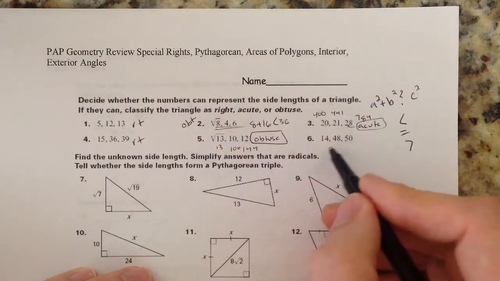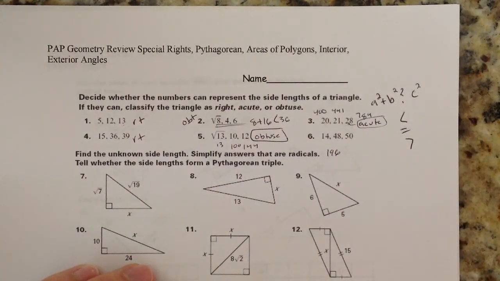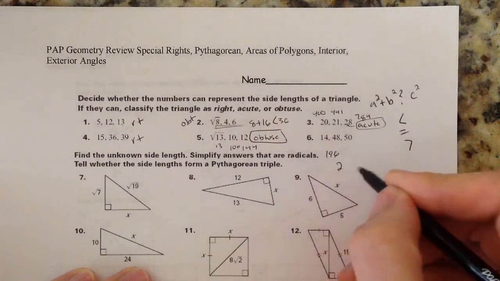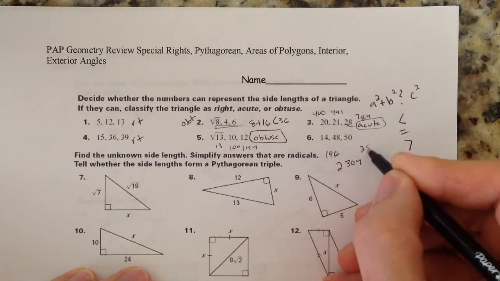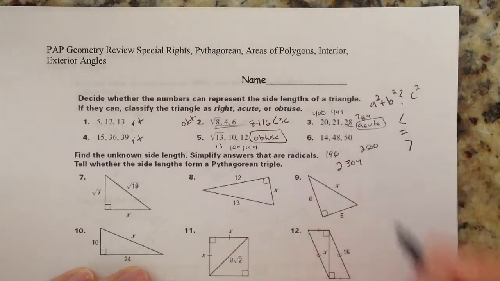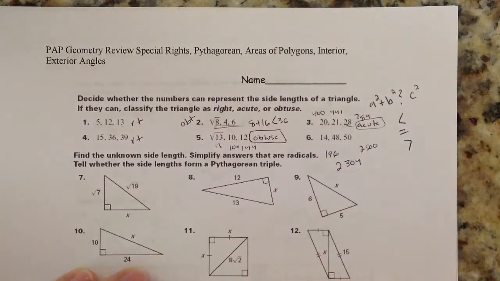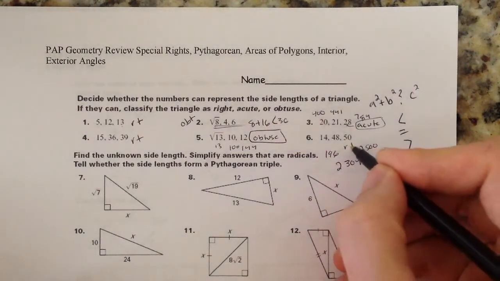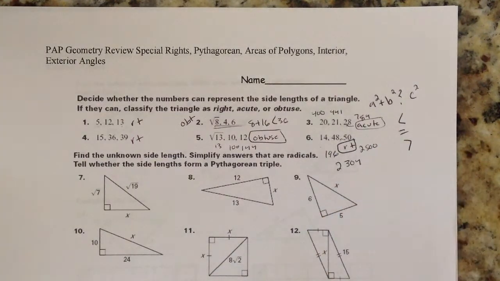And then here, I've got 196, 48 squared is going to be 2,304, and then that's going to be 2,500. Is this going to be right? Yeah, this is a 7, 24, 25. Wow. Anyway, that's going to be another right triangle. It's a 7, 24, 25, and they've doubled it. So another Pythagorean triple.